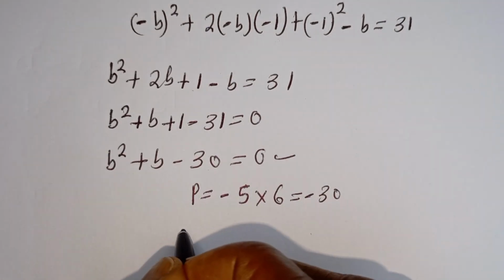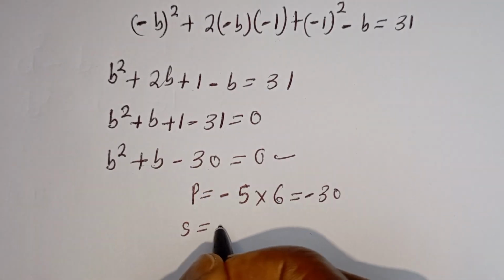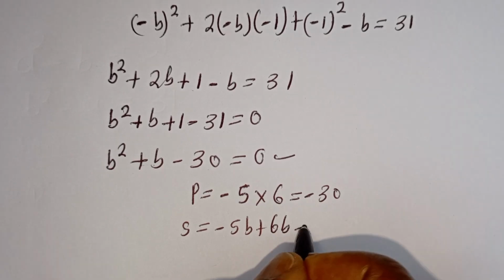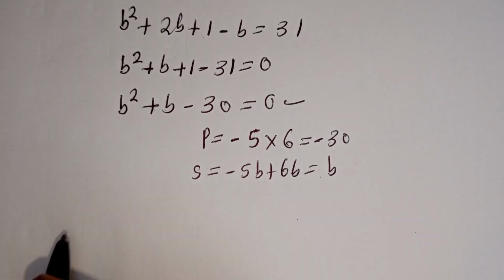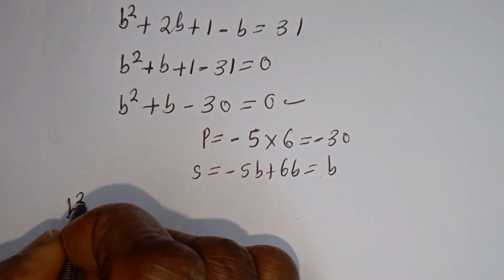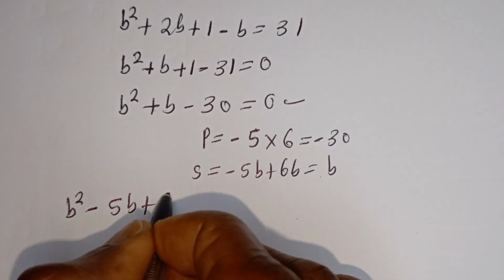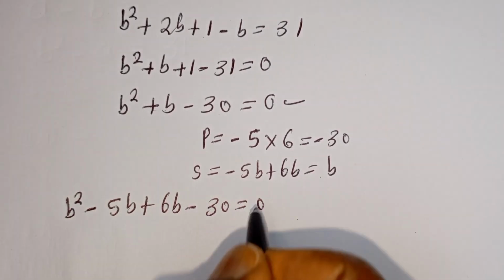And the sum S must be equal to b, that is equal to minus 5b plus 6b. This is equal to b. Now let's substitute. We have b squared minus 5b plus 6b minus 30 is equal to 0.